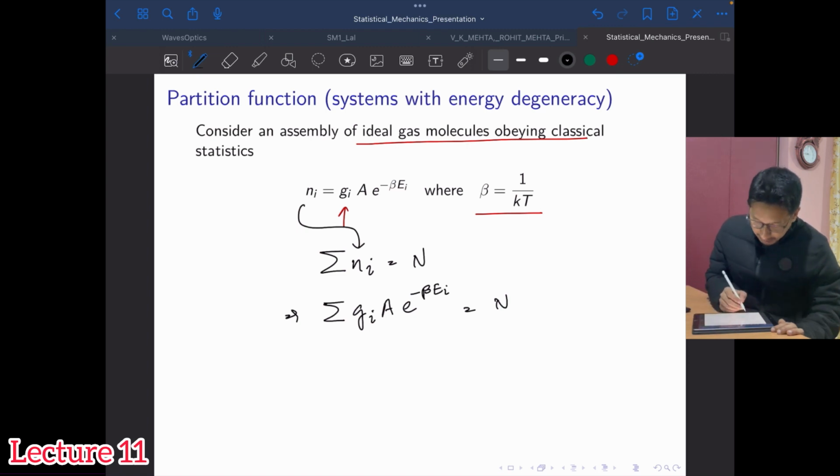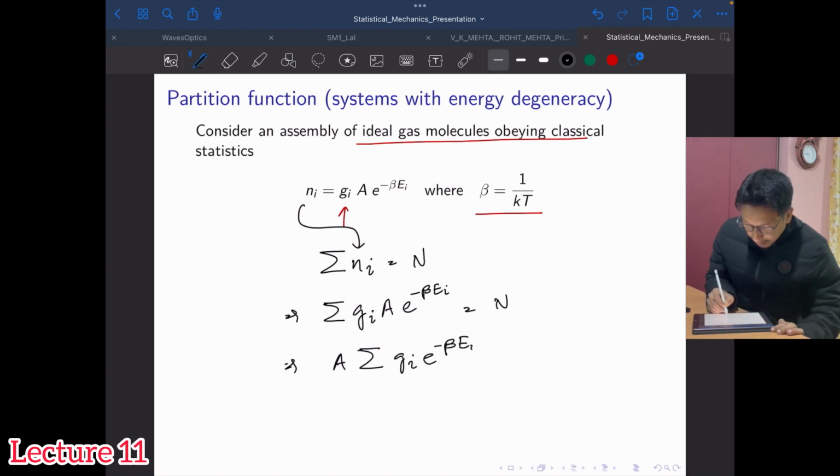A is a constant, so A will come out, and the sum over Gi e to the power minus beta epsilon equals N by A. So I take A to the right-hand side, and this is a sum over all i's.